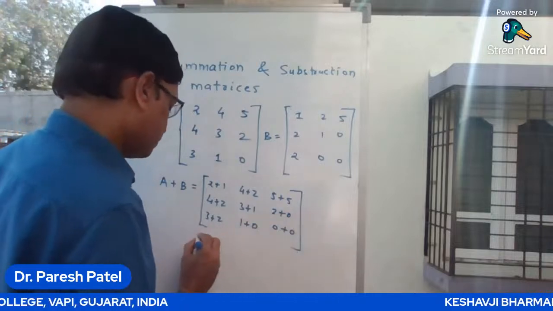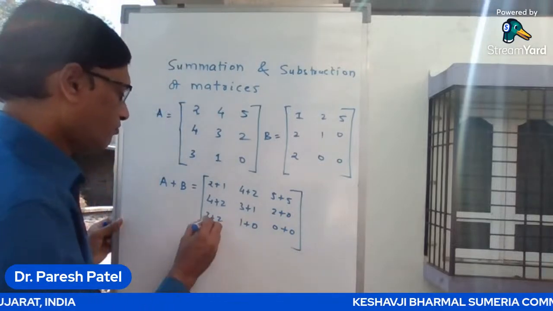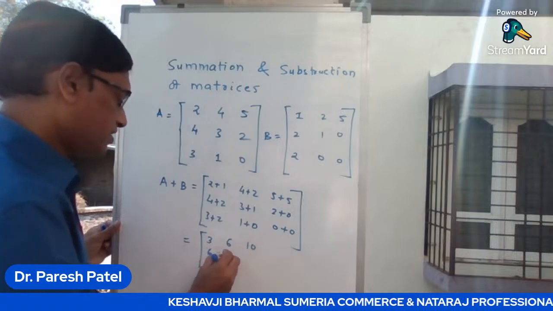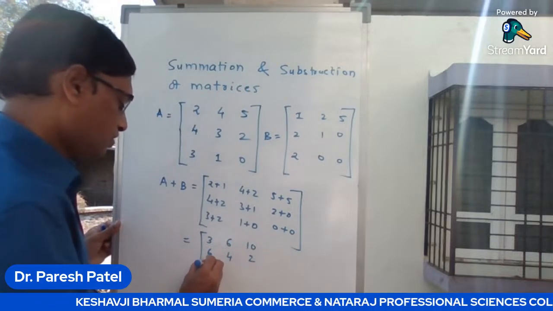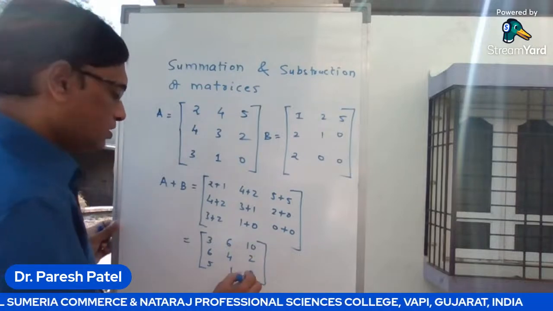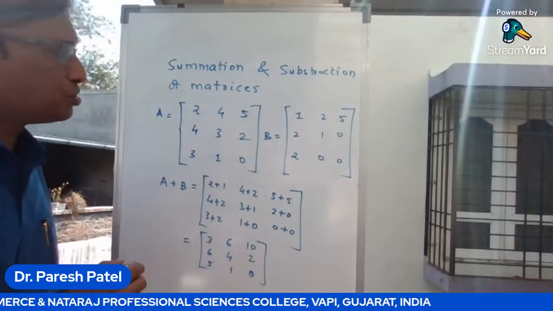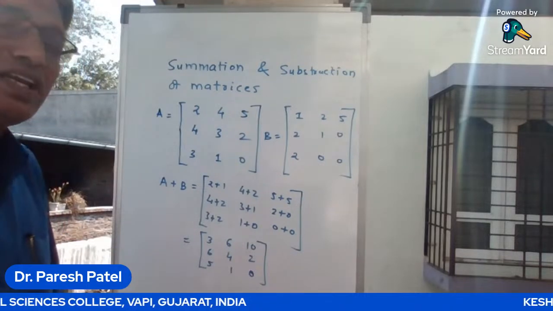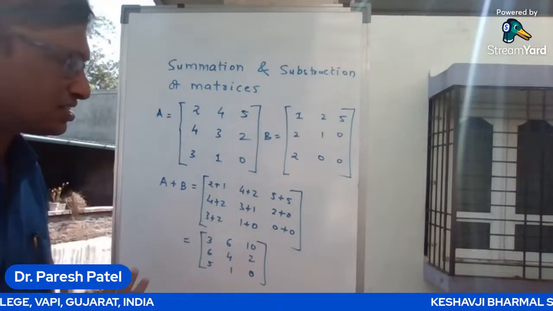So it is equal to 3, 6, 10, 6, 4, 2, 5, 1, 0. So this is the summation of two matrices. The summation of any two matrices is possible if the dimensions of both matrices are the same.